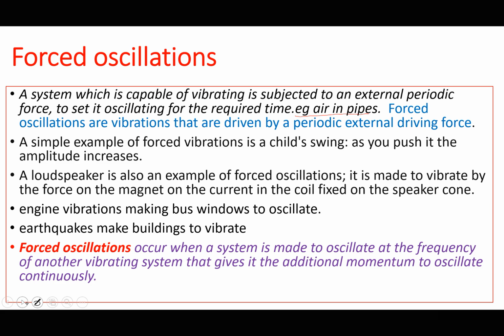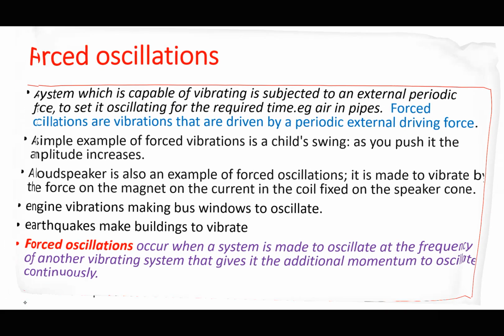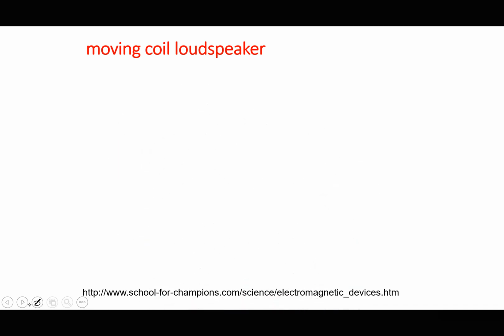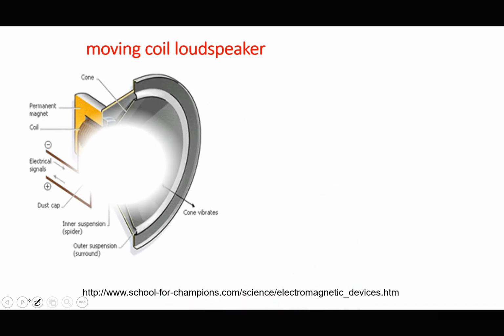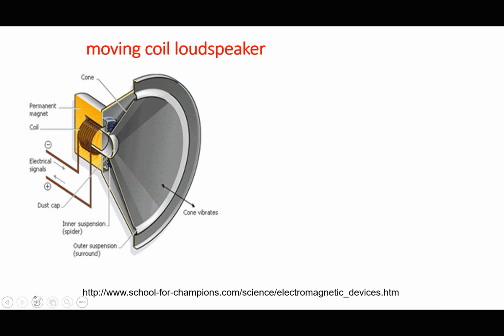And we have given some examples. I want to illustrate some of them, even though they are not part of the exam. One example I talked about is the moving coil loudspeaker. The cone of a loudspeaker is connected to a magnet and a coil of wire, which creates a magnetic field around it when there is a current flowing through it.